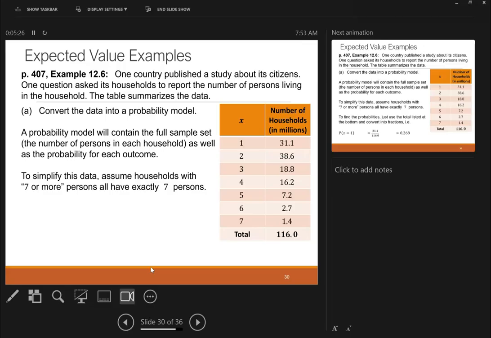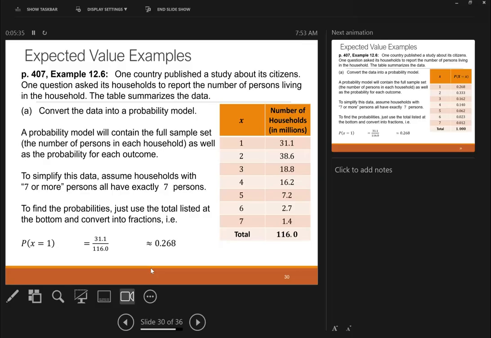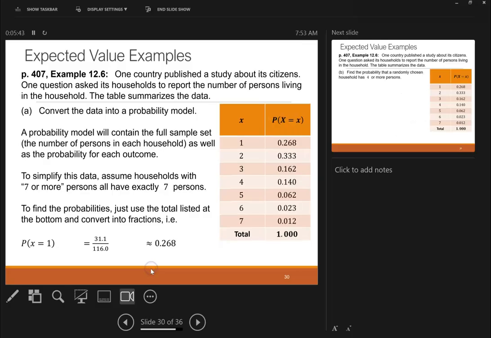So to do that, I'm just going to take that 31.1 million and divide it by the 116 million, the total number of households, and that'll turn that into a probability. And I'll do that then for each random variable value.